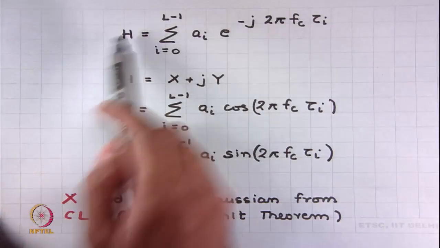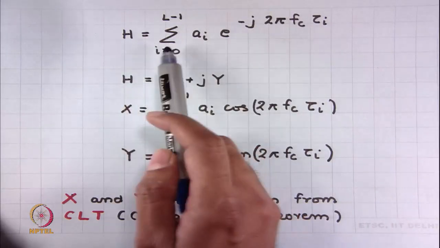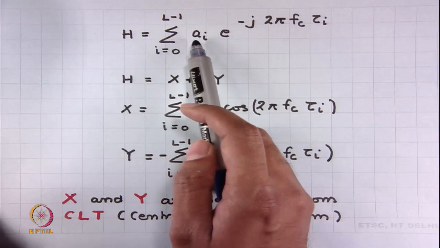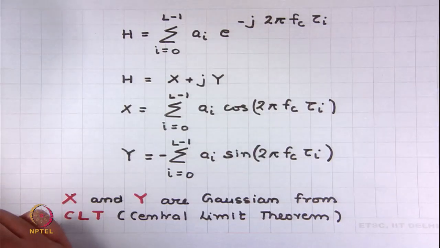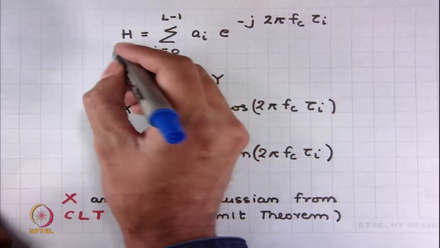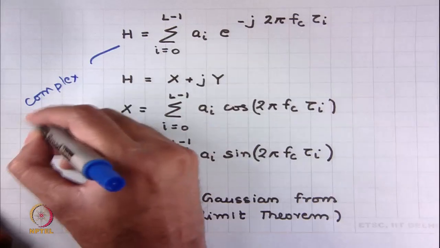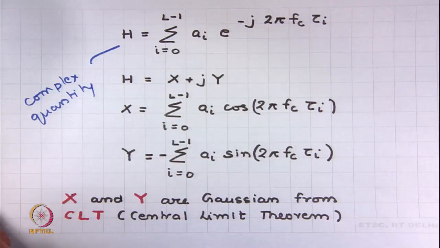Now, what we have seen is that h is simply this quantity. So, it is the sum of the channel gains of each path, and there are L paths. Now, in general, this h is going to be a complex quantity, and it can be a complex quantity because we are thinking about the baseband signals. Okay.